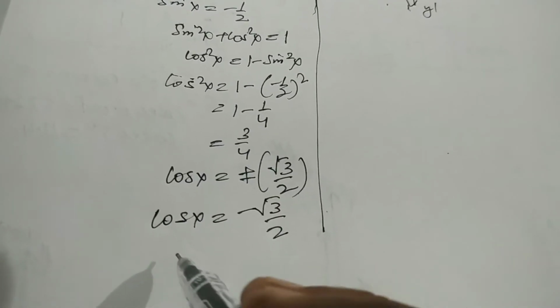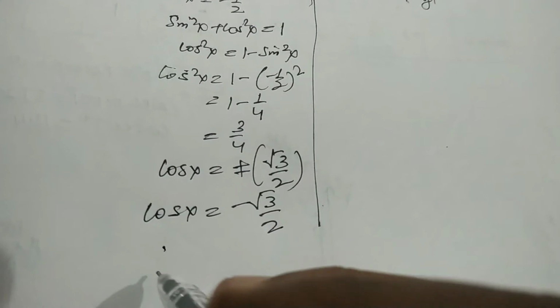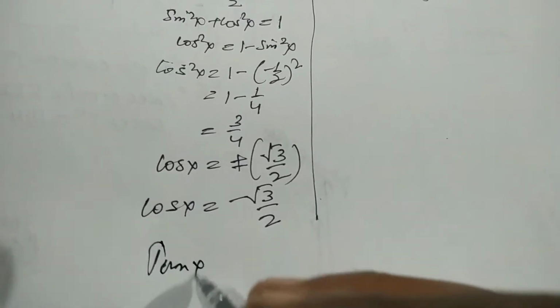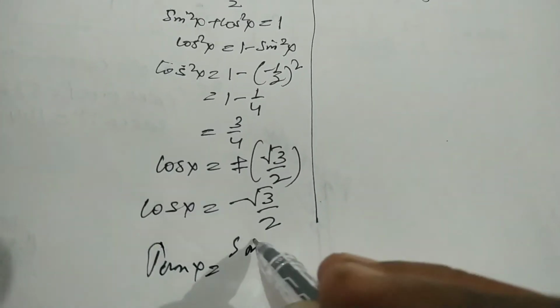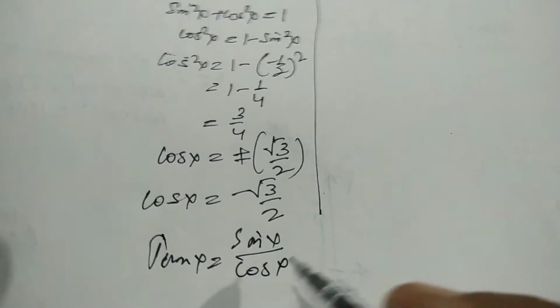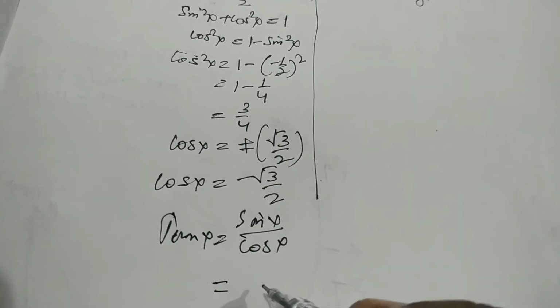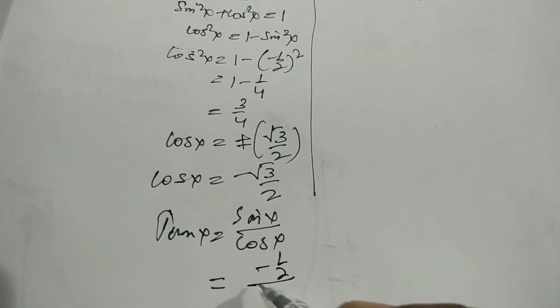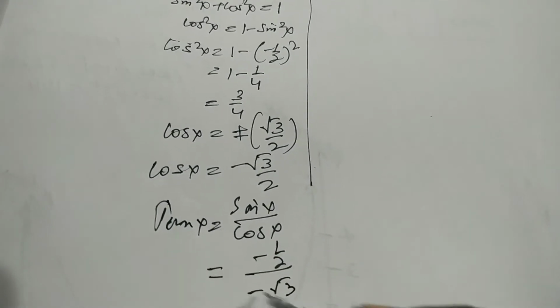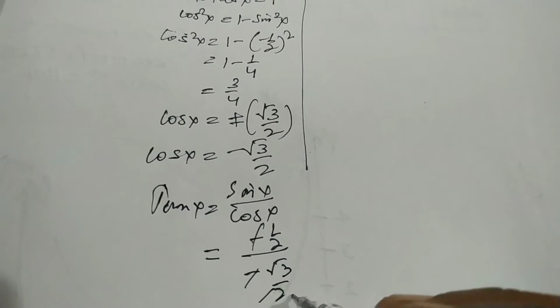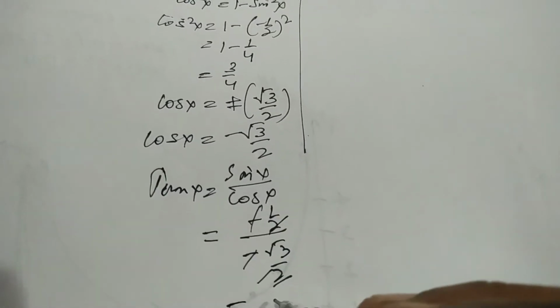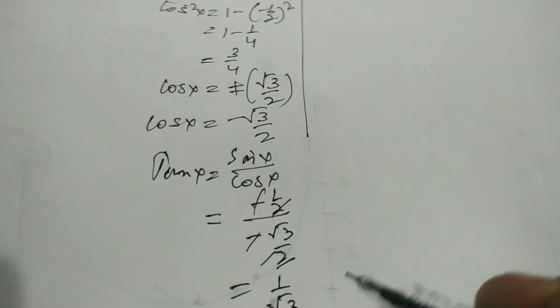Now we have sin x and we have cos x. Now tan x is equal to sin x upon cos x. sin x is equal to minus 1 upon 2 and cos x is equal to minus root 3 upon 2. Then 2 and 2 cancel out. This is equal to 1 upon root 3.